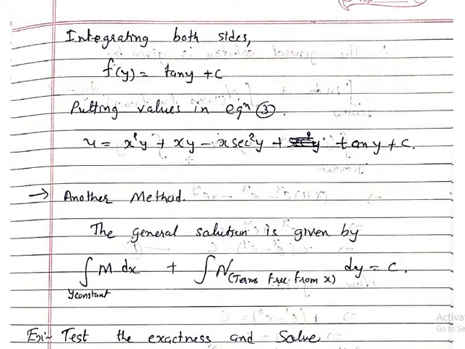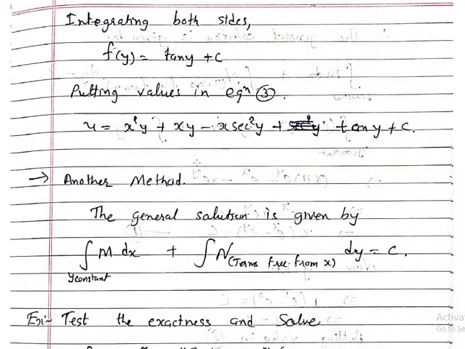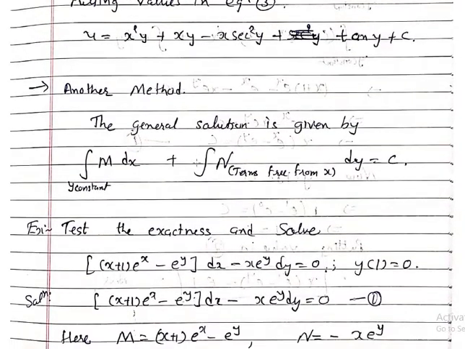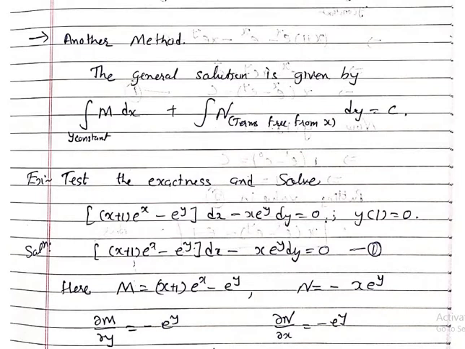See, this is the original method, but I have also another method. In another one, the general solution is directly given by integration of M dx, where y is treated as a constant, plus integration of N dy, where you have to write down the terms free from x.